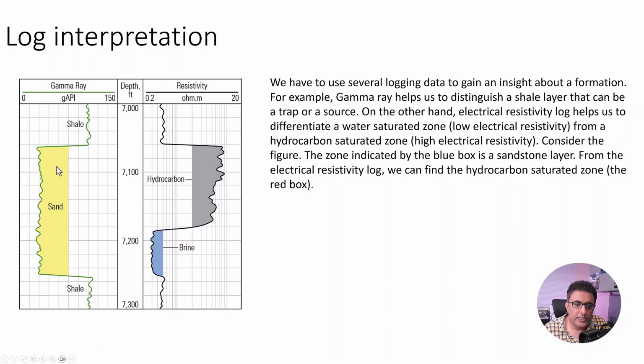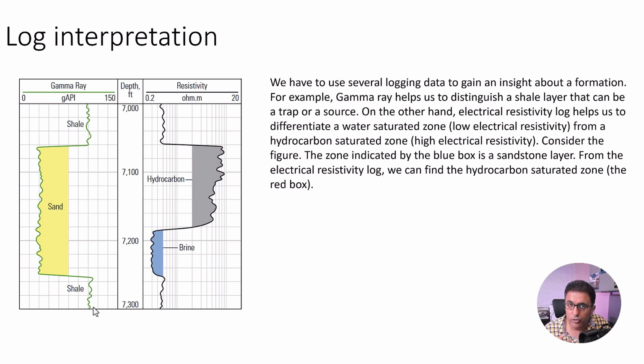Okay, guys. What you see here is how, by putting together different pieces of data, we are able to interpret the subsurface. One of the logging tools that you're going to learn in this course is the gamma ray tool, which measures the gamma ray emission from the rocks.